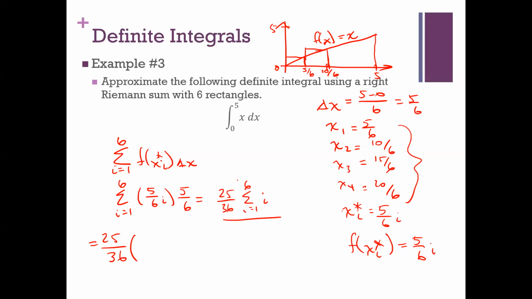Remember, I factored out all the other stuff. So the summation notation, all it does is, i counts from 1, 2, 3, 4, 5, 6, so the sum is going to be 1 plus 2 plus 3 plus 4 plus 5 plus 6.